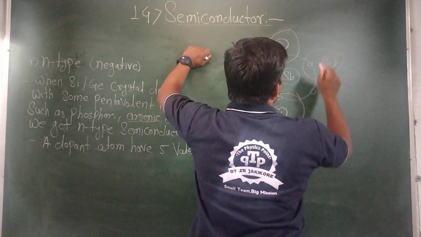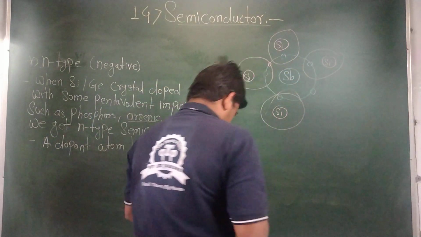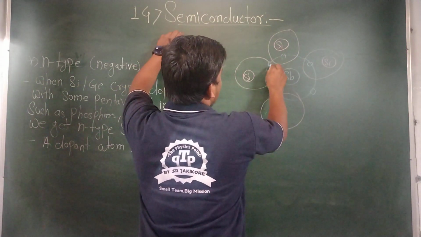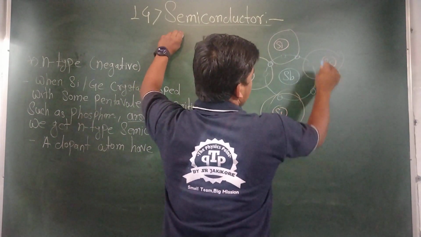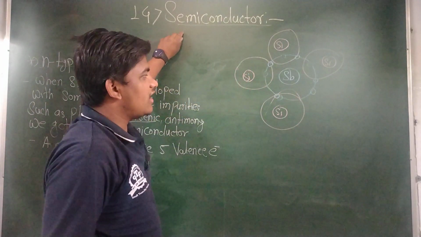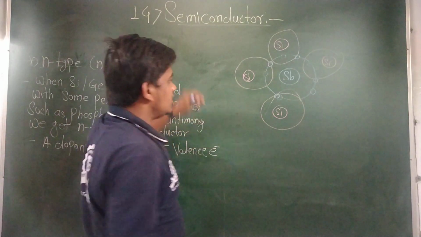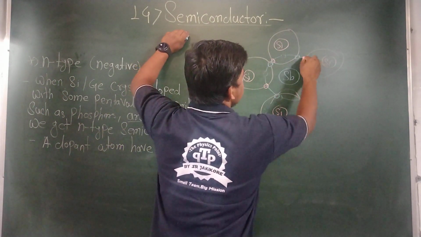I draw a different diagram here. The blue circles are the electrons of antimony, and the pink ones are the electrons of silicon.